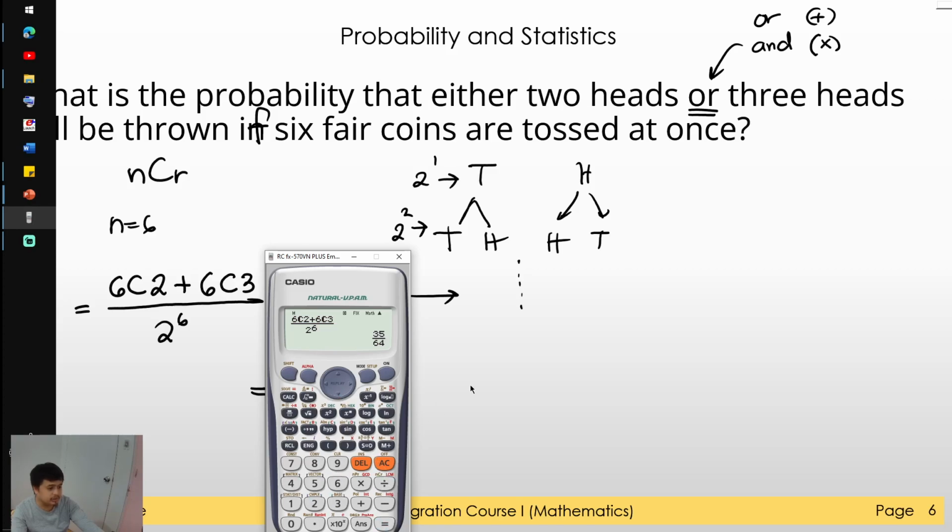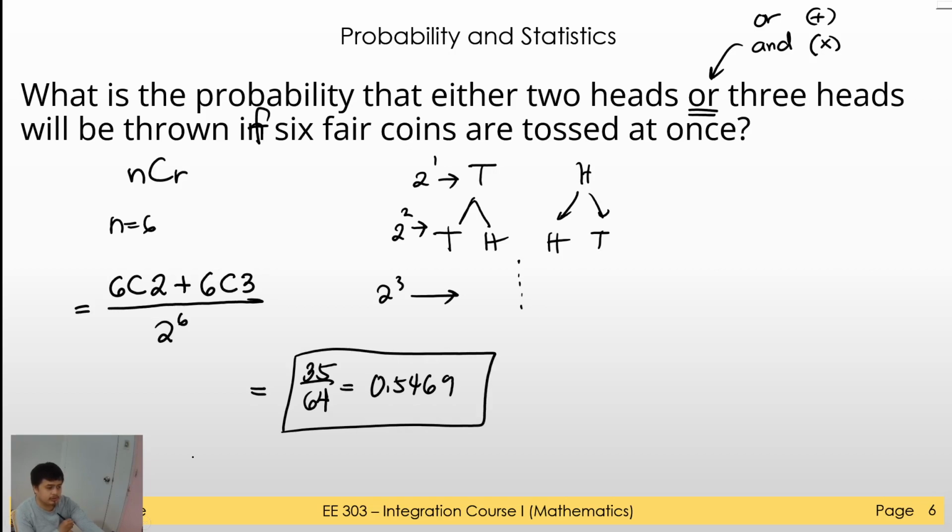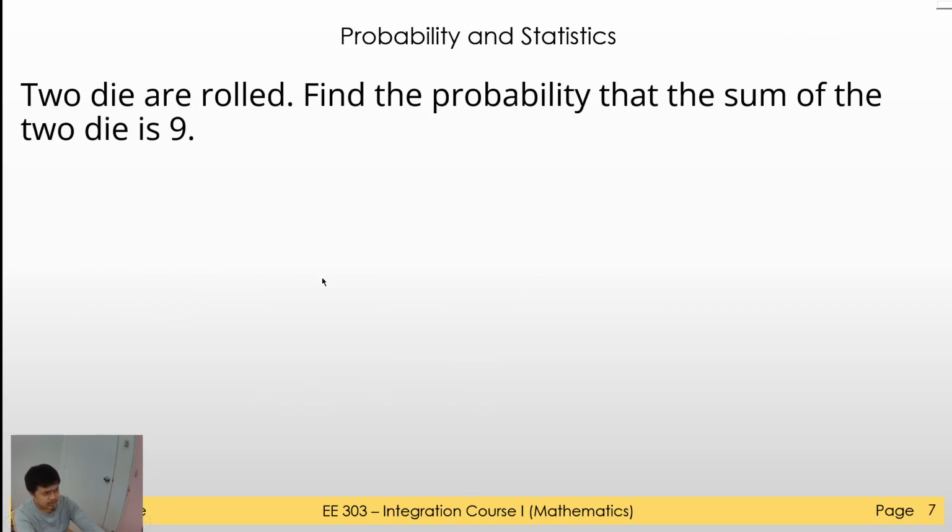So the answer should be 35 over 64, or in decimal places, 0.5469. So this will be your probability, 54.69%.